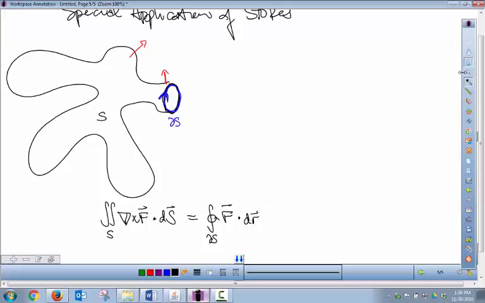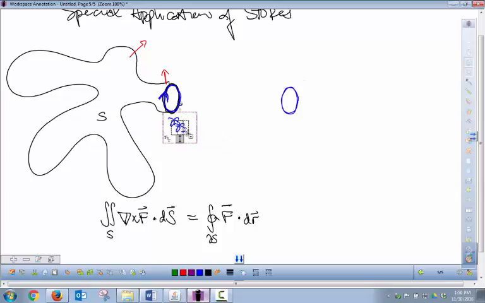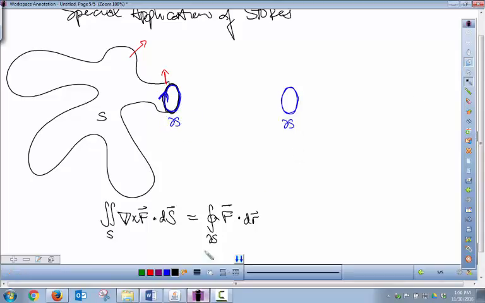But if you're looking at this and thinking, wow, this looks kind of difficult, so what if there's really something about the curl of this vector field that makes it kind of easier to evaluate, but the surface just looks too crazy?